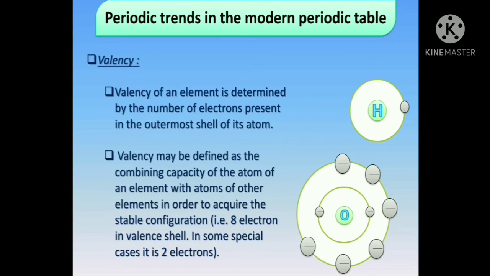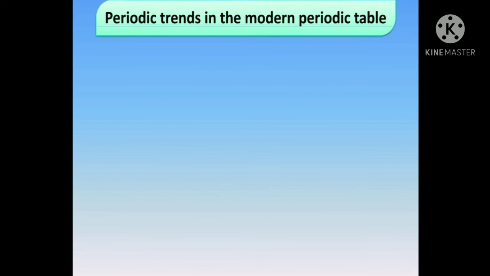Now let us understand it a little more clearly with a few more examples. Helium, as it has 2 electrons, has its outermost shell completed and stable with the duplet. So the valency of helium is 0.